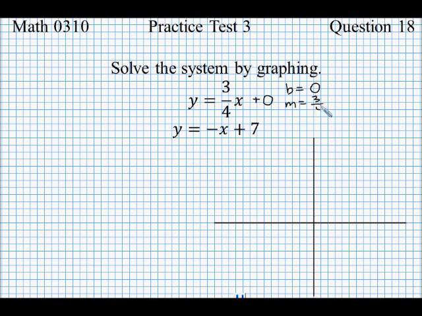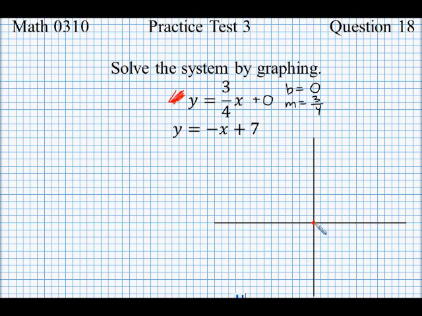So we can use that to plot the first line. We'll graph the first line in red, maybe. We need to go to the y-intercept first and plot the y-intercept, which is at 0. And then we use our slope to get our second point.